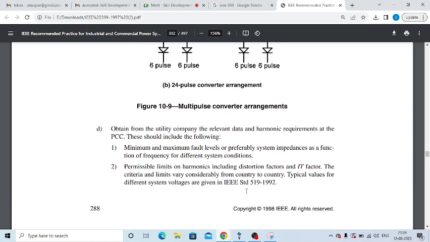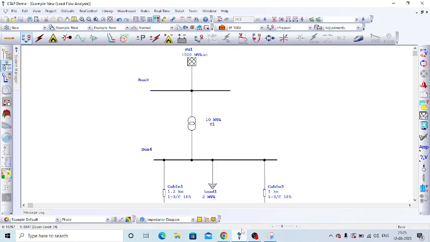Okay, then next one is to obtain relevant utility harmonic data. We see the single line diagram like this. Here the grid is the power source. So utility means grid only. The grid also has some harmonic voltage.